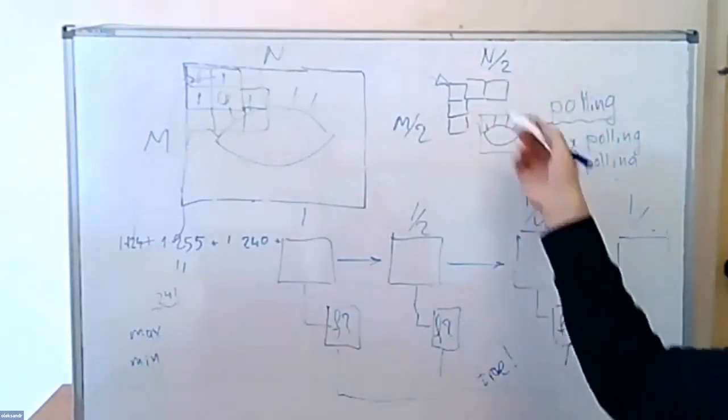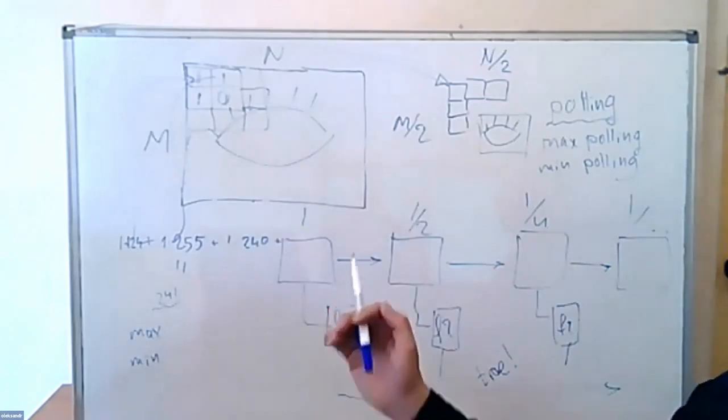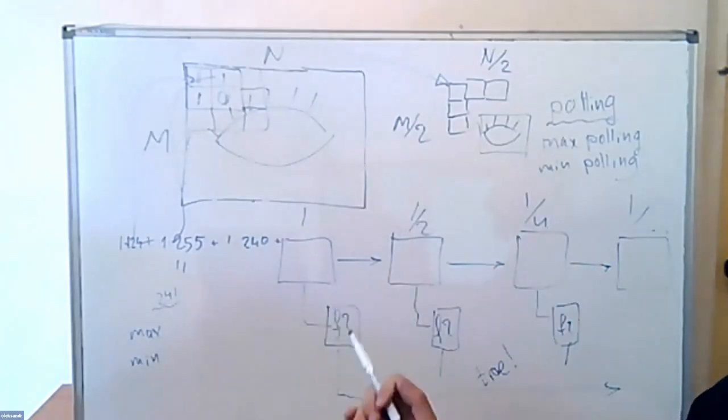And this is the simple way how we can use convolutions. Just reduce the size of image using a special rule.